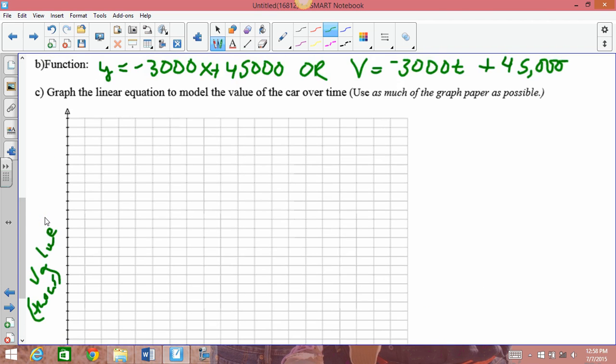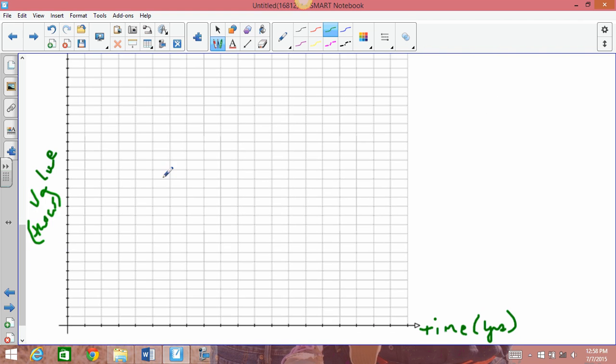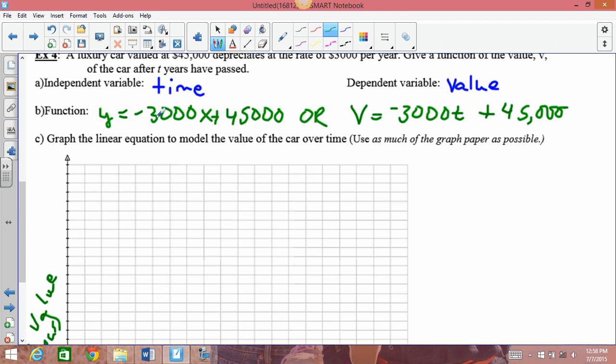There's a lot of different ways to do this problem. Since the value of the car is starting at 45,000, I could count by threes. That would be the easiest way to do it because my slope is 3,000.